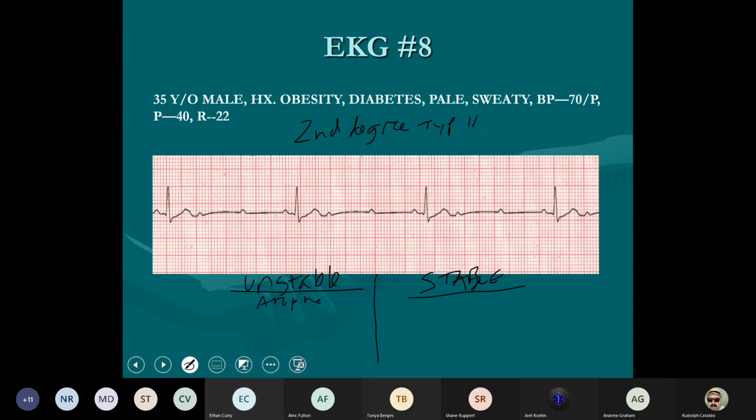Okay. How much atropine? 6. How much? Not 6. 1 milligram. You got adenosine confused with atropine. Okay, atropine doesn't work. Blood pressure's still crappy. He looks like crap. Now what? Pace. I would 100% agree.